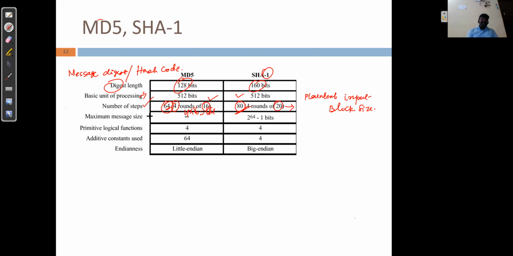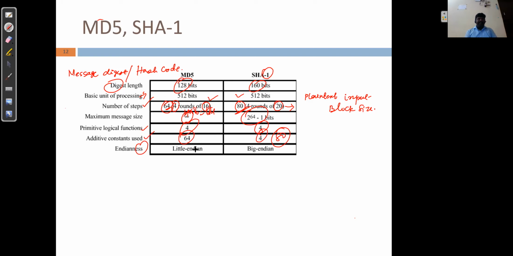Again, the maximum message size. There is no restriction, so here we'll have 2 power 64 minus 1 bits. The primitive logical functions are 4 and 4. Again, the additive constant value which we use here is 64, and here it should be 80, I suppose, right?